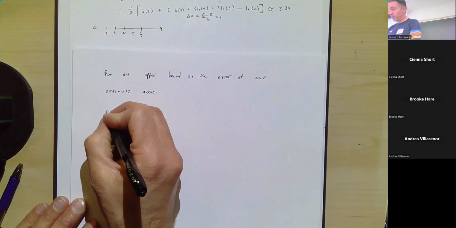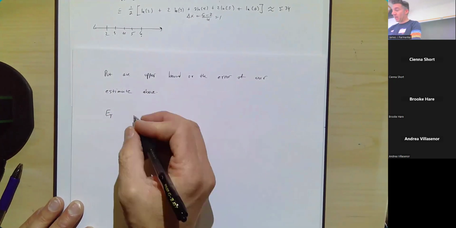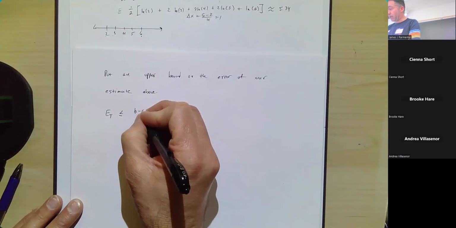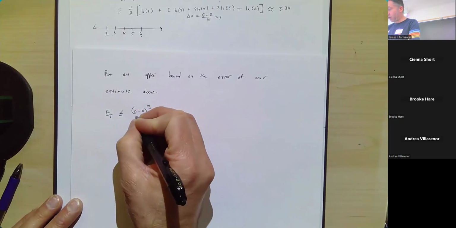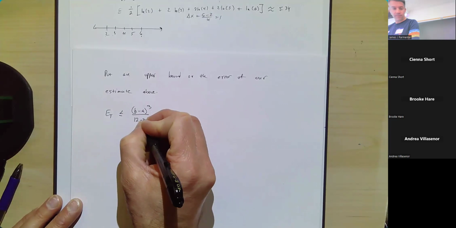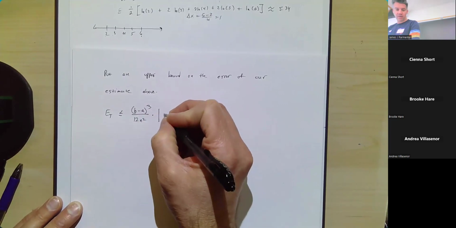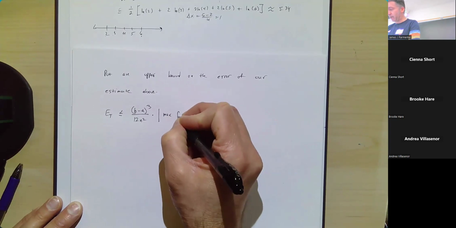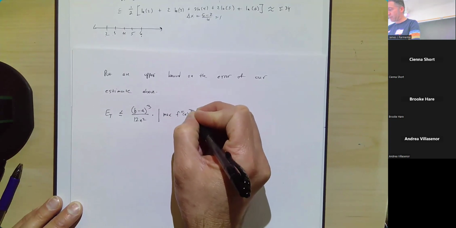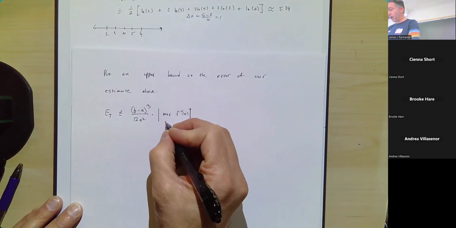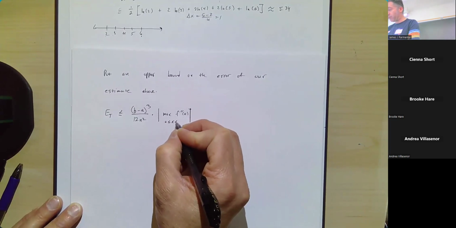The error using the trapezoid method is always going to be less than or equal to (b minus a) cubed over 12 times n squared, times the absolute value of the maximum of the second derivative of your function, where the values you're allowed to plug in have to be in your interval.